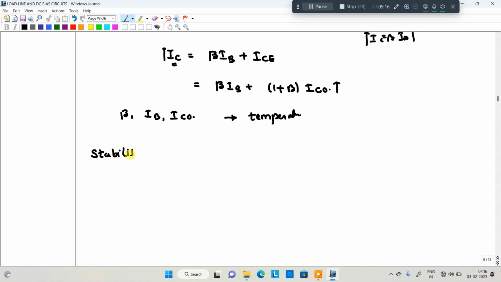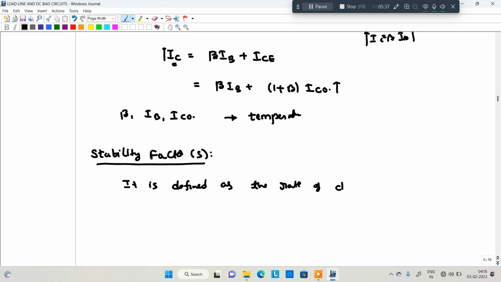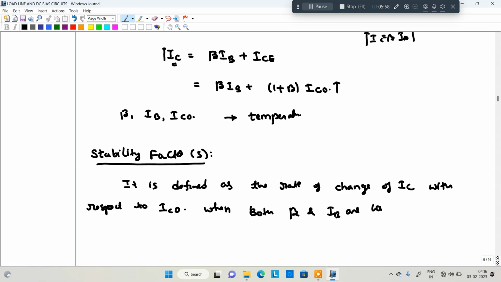Stability factor is represented by S. I will give the stability factor definition. It is defined as the rate of change of IC with respect to ICO, when both beta and IB are constants.